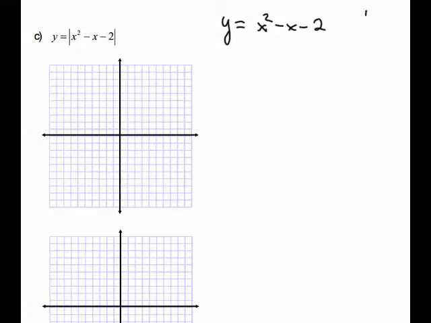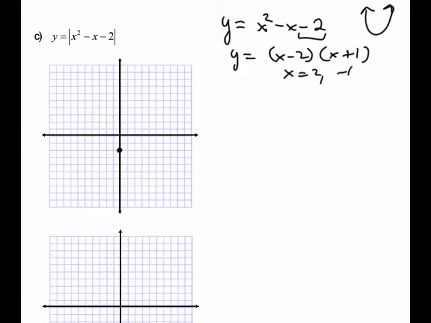We know this is a parabola opening up. It has a y-intercept of negative 2, so let's put that there. This looks like it factors pretty nicely, so let's do that. And I'm factoring it because that'll give me the x-intercepts. So this graph has x-intercepts of 2 and negative 1.